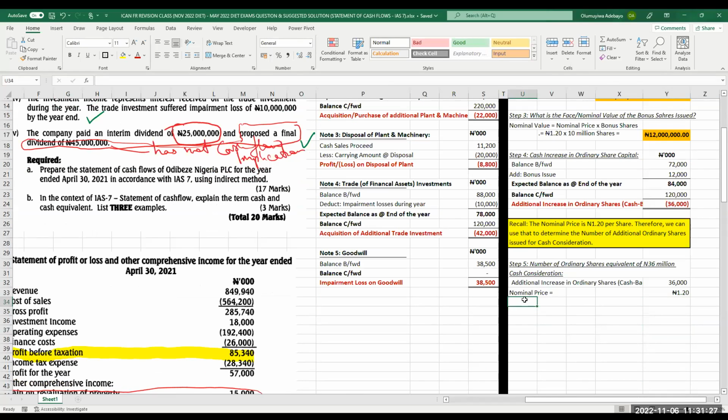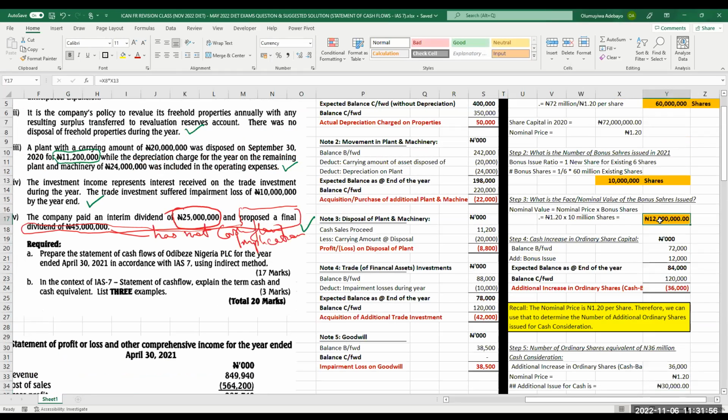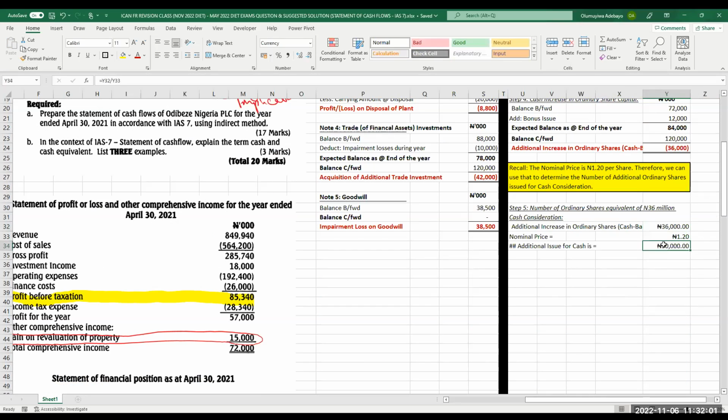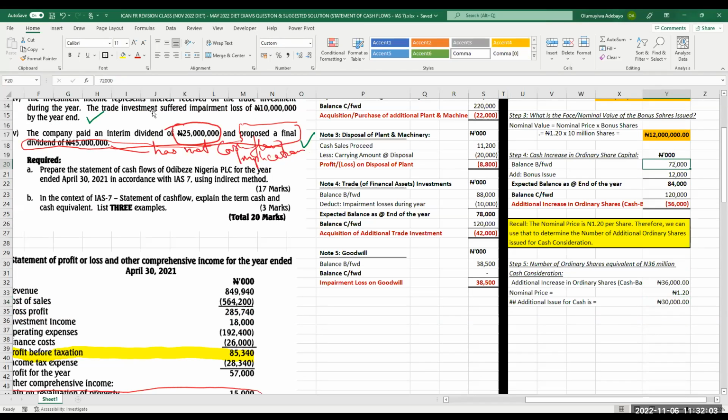Therefore, the number of additional issue cash is what? It is 36 million naira divided by this. Therefore, this will be the absolute number of shares.